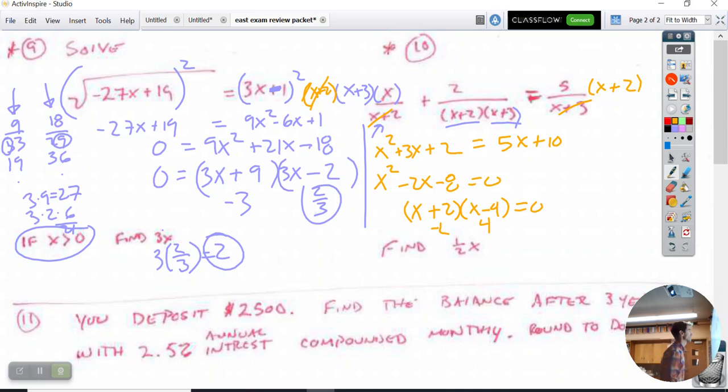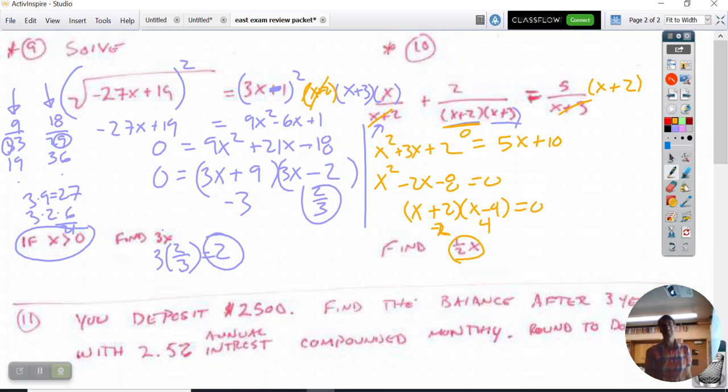But wait a second. I have two answers, and it wants me to put them in here and find that for one. So one of these two answers cannot be right. Well, if I look at my original equation, I notice I have an x plus 2. And if I have x is equal to negative 2, and I plugged in the negative 2, negative 2 plus 2 is 0.